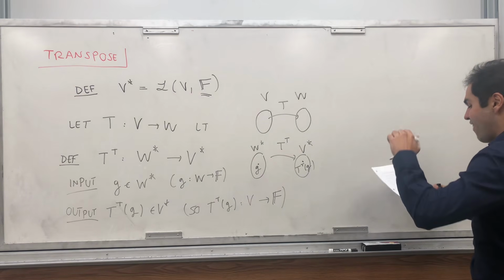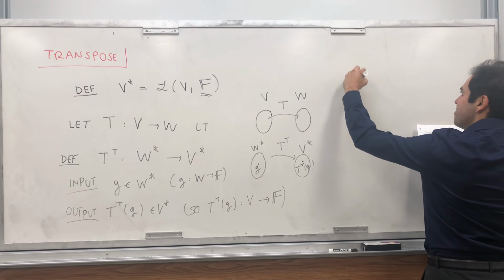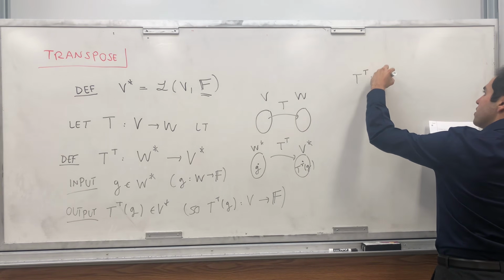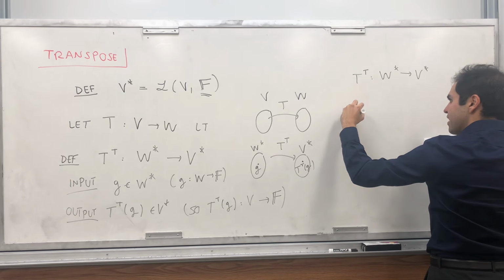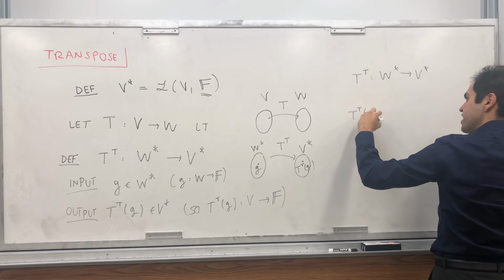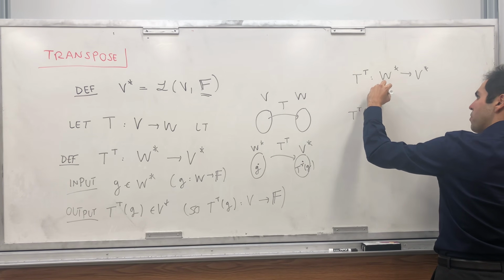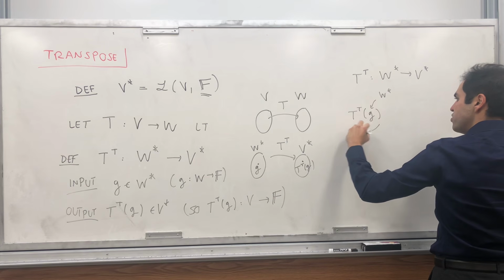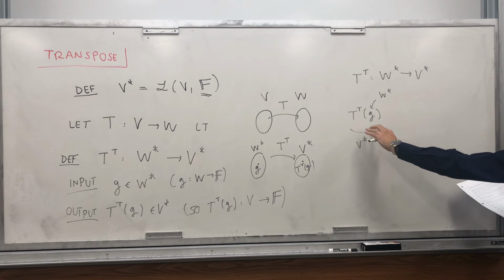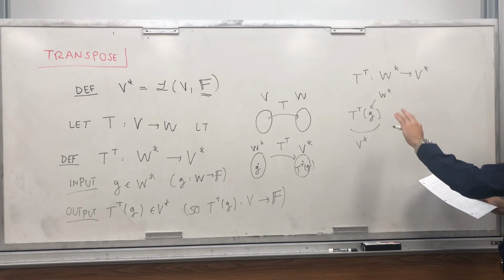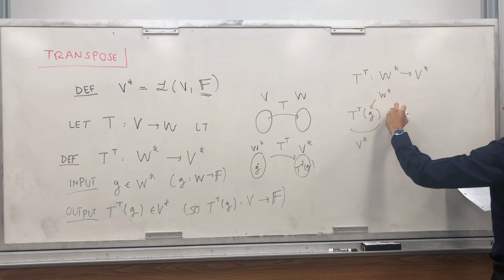And now we can finally give you the correct definition. So T transpose, again, goes from W star to V star. And what is T transpose of G? G is in W star, and it gives you something in V star. In particular, T transpose G takes a vector in V as its input.